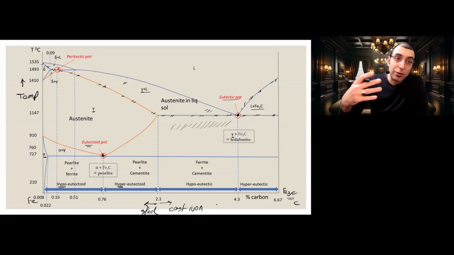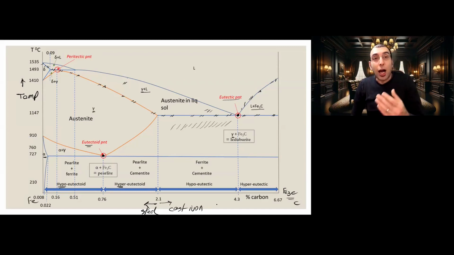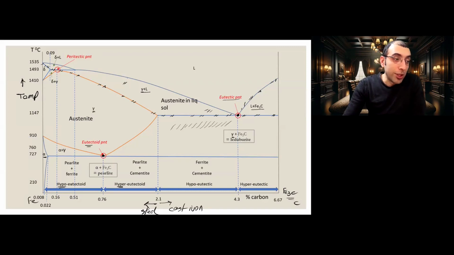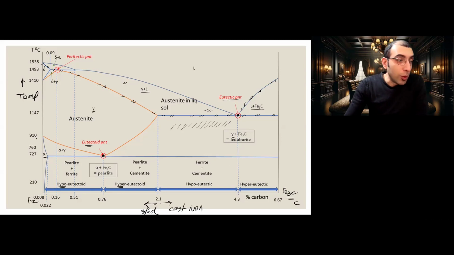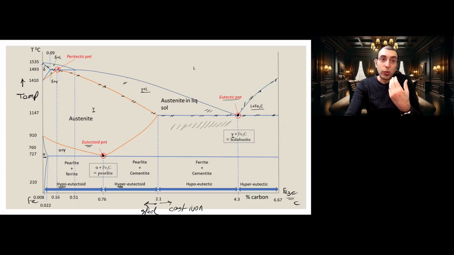And then we have different kinds of steel. We have hypoeutectoid steel and we have hypereutectoid steel with different compositions. And also when it comes to cast iron, you can have hypoeutectic alloys and hypereutectic alloys. But because we are mostly concerned with steel, we will focus on this region on the left side, on all the compositions below 2.1% that makes up steel and different kinds of steel.